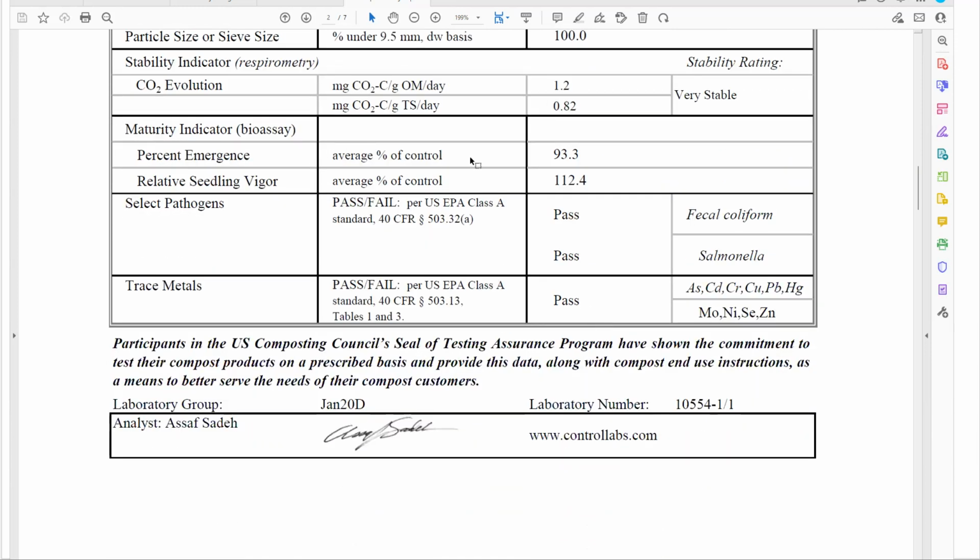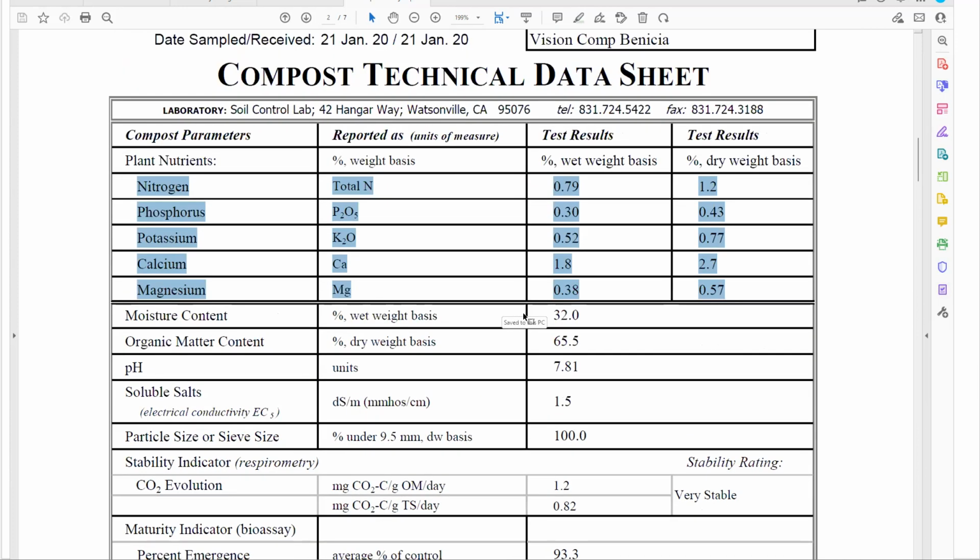But they also test to make sure that it's gone through certain levels of heat, which kills weed seeds or any seeds, so that they won't germinate. It kills them because it gets to a high enough temperature. Okay, so now if you go to buy compost at a bulk supply vendor, chances are the guy or girl in the tractor that's loading it up into the trailer isn't going to have this testing report on hand.